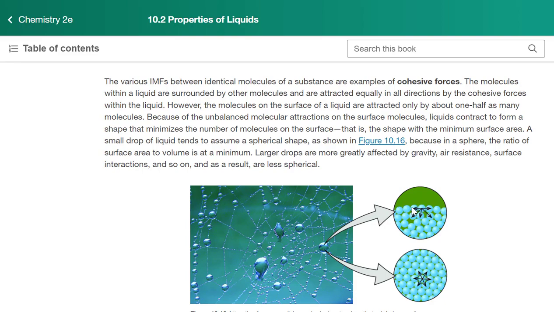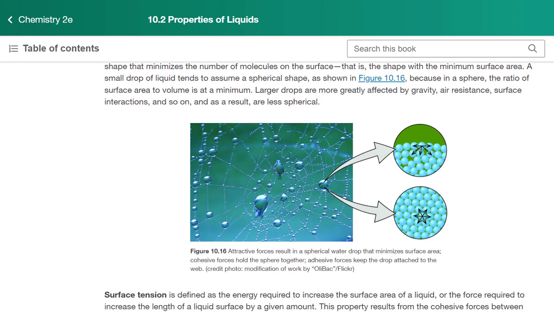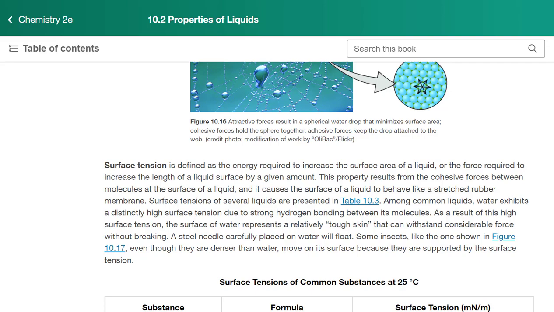So the best way to do that is to form a sphere. So they form these spheres so that there are fewer molecules on the outside and more molecules on the inside. And it turns out the bigger the sphere, the more you minimize that. So if possible, when you put two water droplets together, they will merge into one to minimize that surface area. But when they're not next to each other, they're not going to do that. So those are cohesive forces.